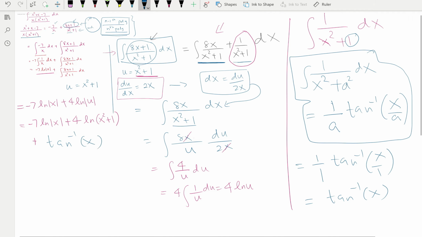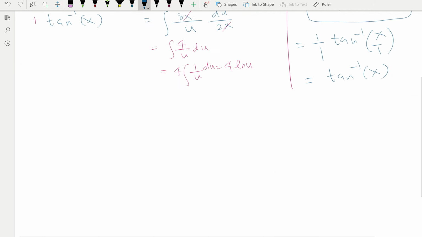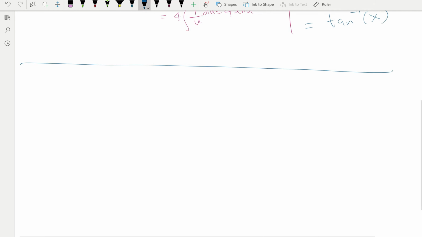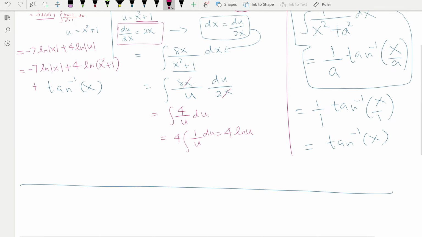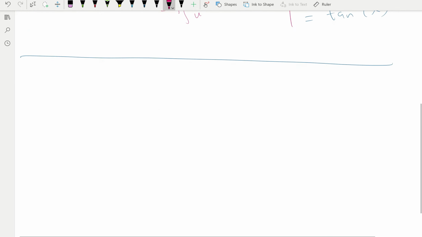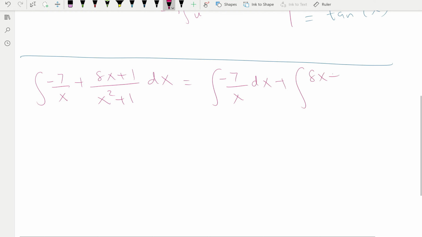All right, so now I want to summarize this in a better way. So what's the problem? We had to integrate -7 over x plus 8x plus 1 over x square plus 1 dx. Okay, so we split that out. We integrate -7 over x with respect to x, plus we want to integrate 8x plus 1 over x square plus 1 dx.